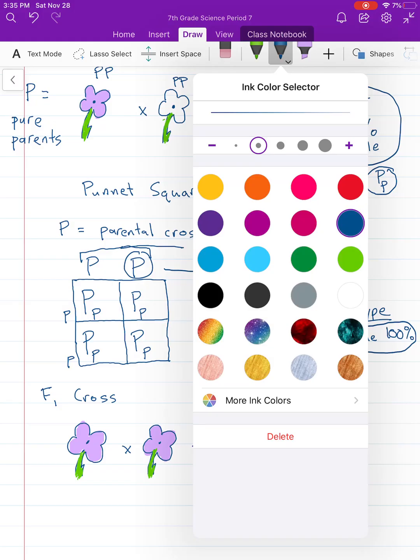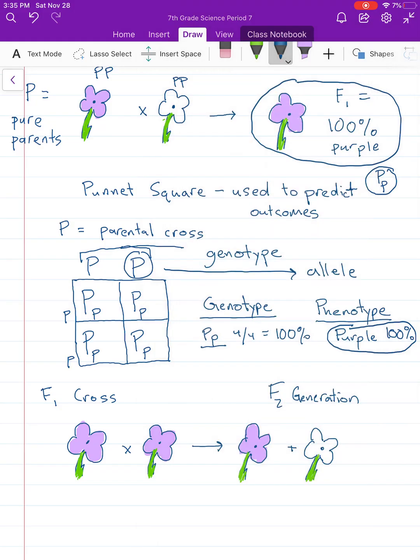But the crazy thing, it wasn't just that. He also got unique numbers, very specific numbers. Every time he did this, he got 75% purple and 25% white. Another way to say that is 3 to 1 purple to white.